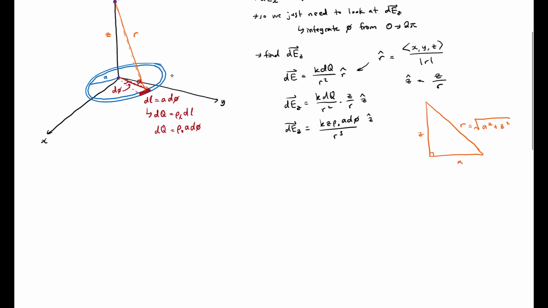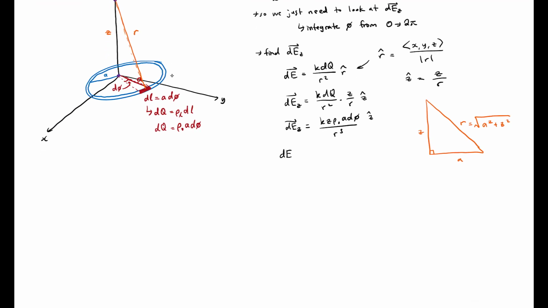So that means I can rewrite this as dEz is equal to k rho naught a z d phi in the z direction divided by the square root of a squared plus z squared, cubed. So that means this would be to the power of 3 over 2. So now I have my dEz.